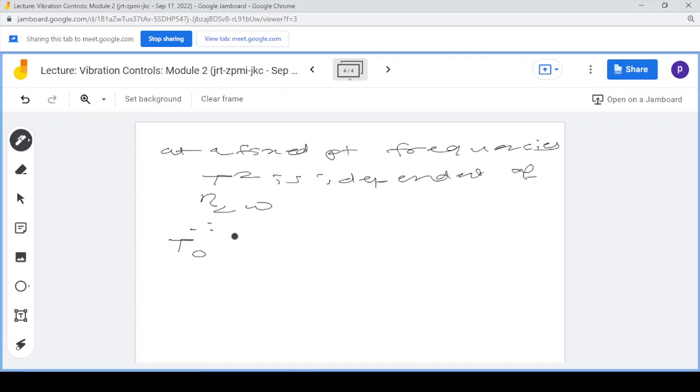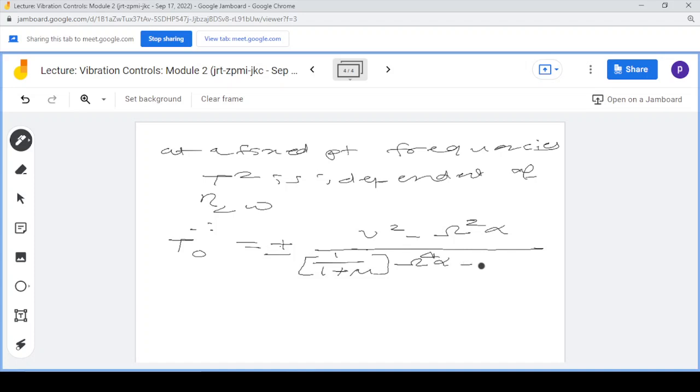and therefore we can get t o, which is nothing but the transmissibility at n2 omega equals 0, as plus or minus nu square minus omega square alpha divided by 1 upon 1 plus nu into omega raised to 4 alpha minus omega square into nu square plus alpha plus nu square.